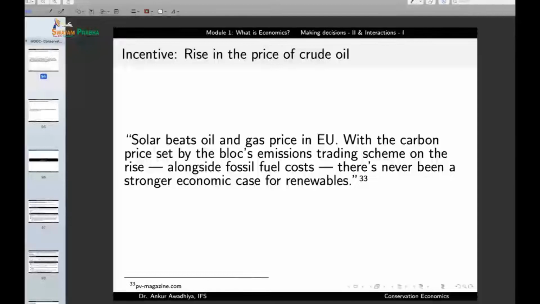And every industry is trying to reduce its cost so as to maximize its profit. So this is another act that has been induced by the increasing price of crude oil, which is more and more incentivizing a shift to a renewable source of energy.